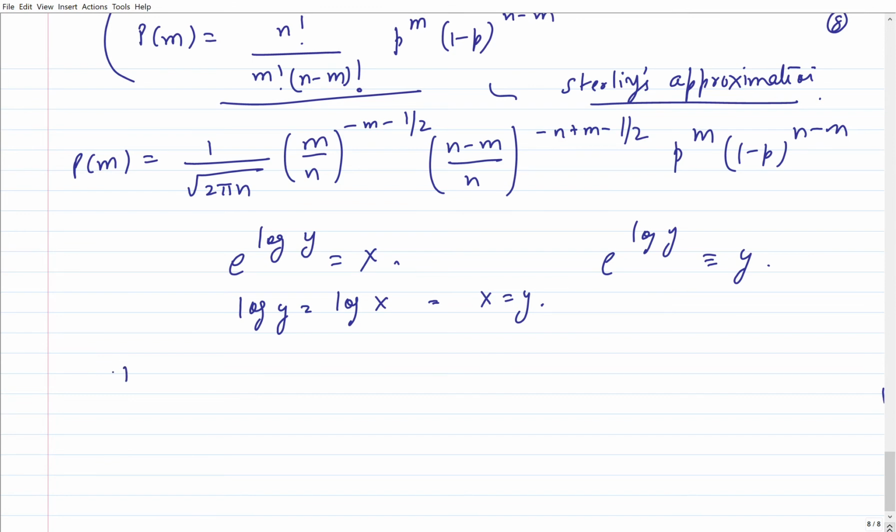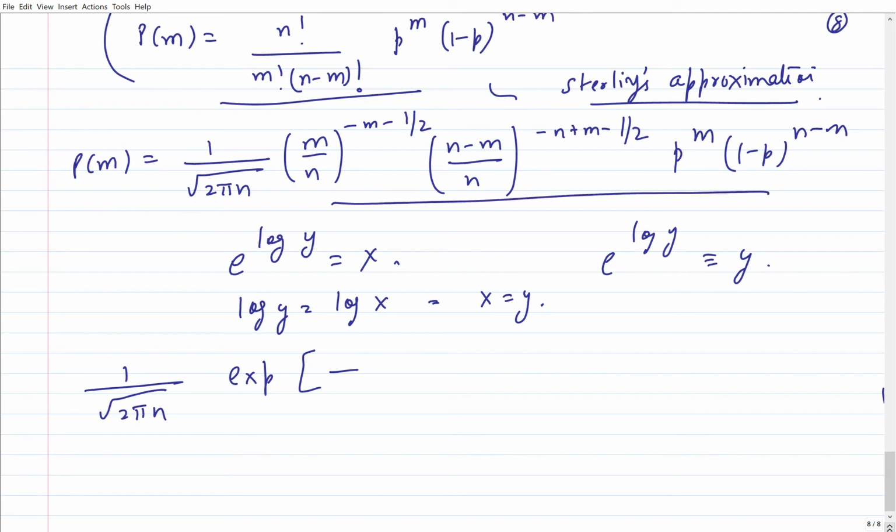I'm going to express this guy as 1 over square root of 2 pi n times exponential. I'm going to take the log of these guys. So I'm going to put e to the power of log of this guy, which is nothing but the same guy again.